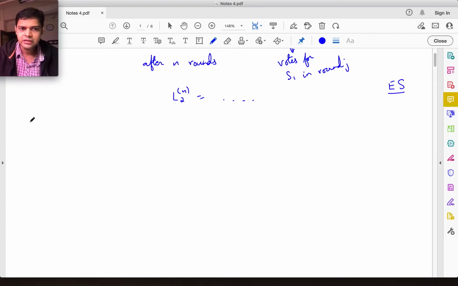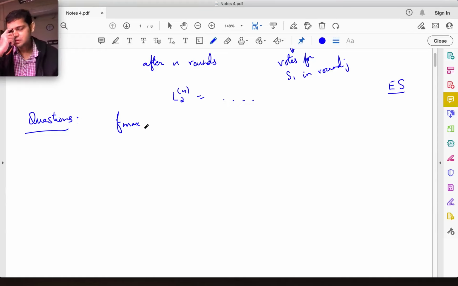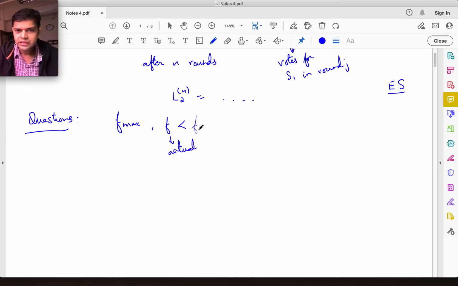For example, we said that Fmax is the worst possible fraction of Byzantine nodes in the execution sets, which we had assumed, and F is the actual fraction, which could be less than Fmax.